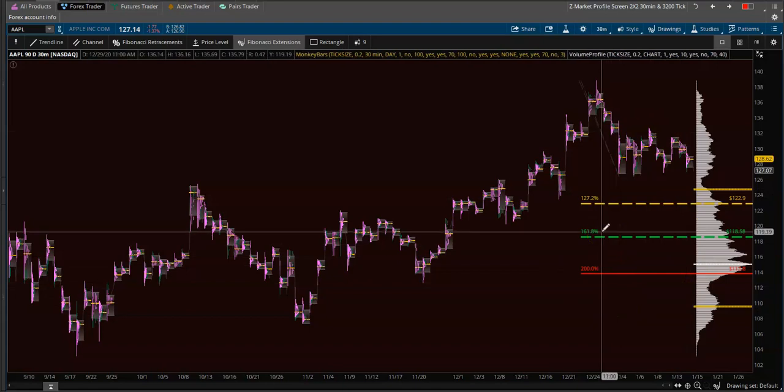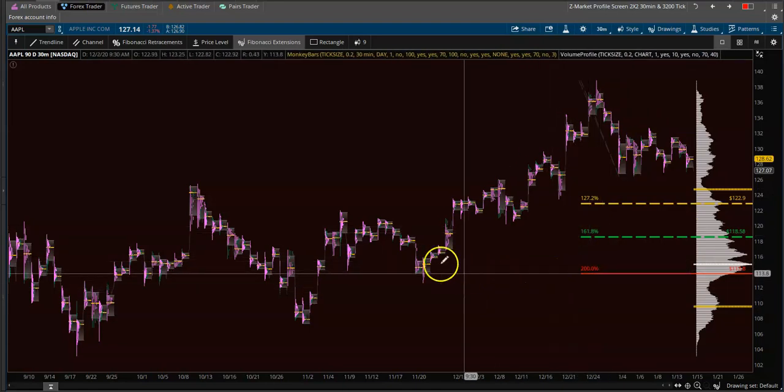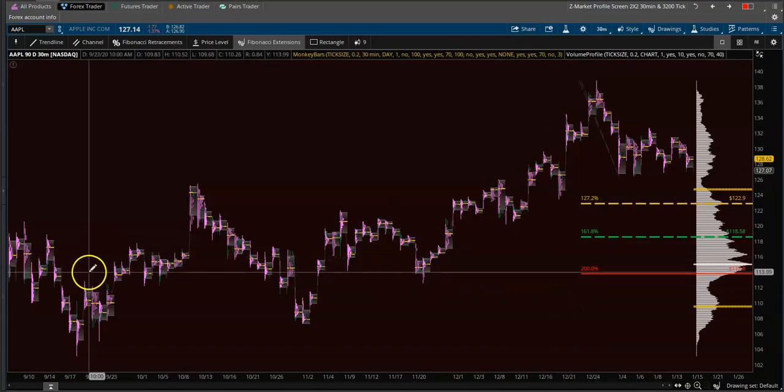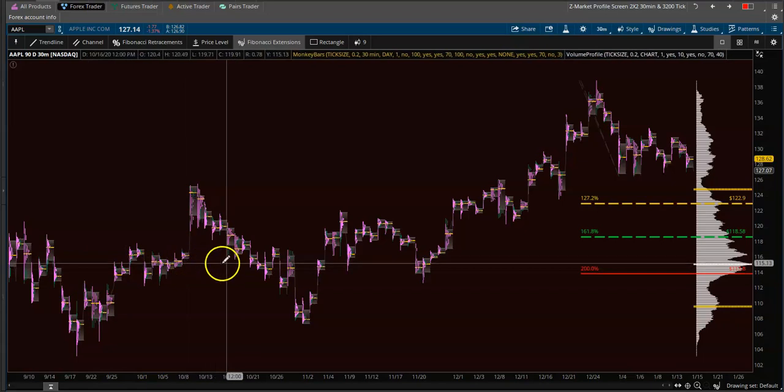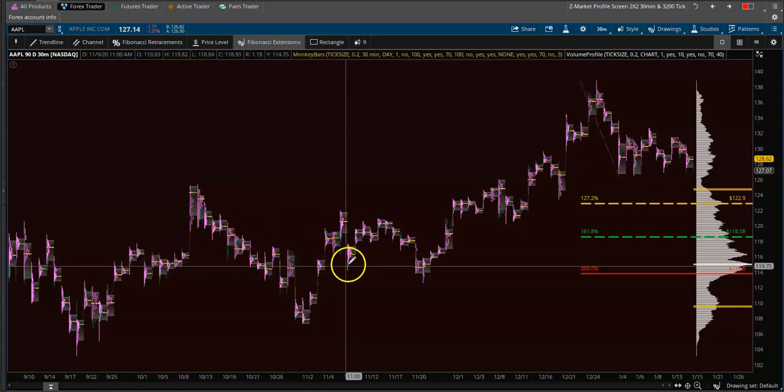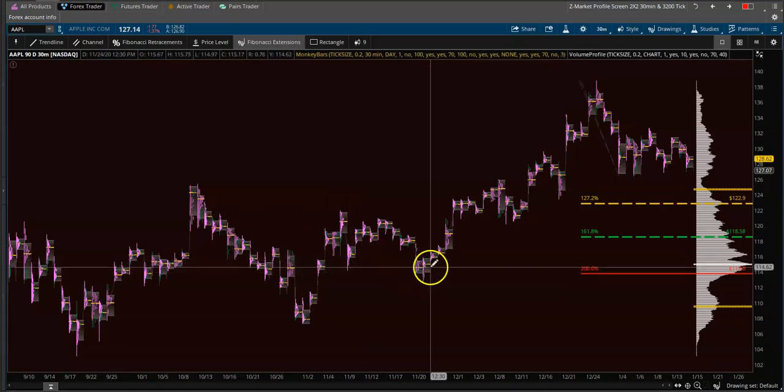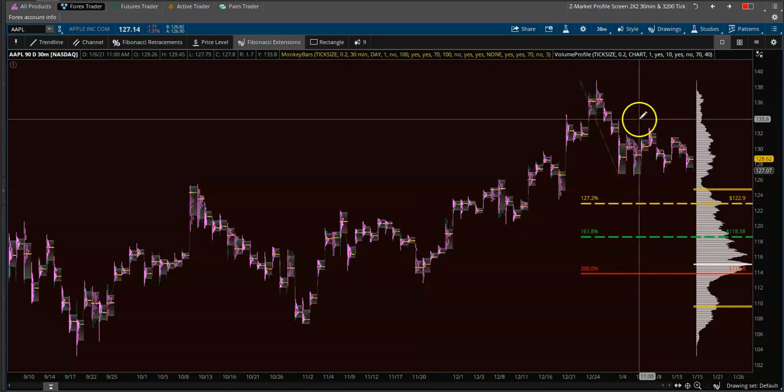It's just being able to use all these things. Also, was there prior support or resistance at that level? There's really nothing here, maybe a low here, but nothing besides that we could tie into this.